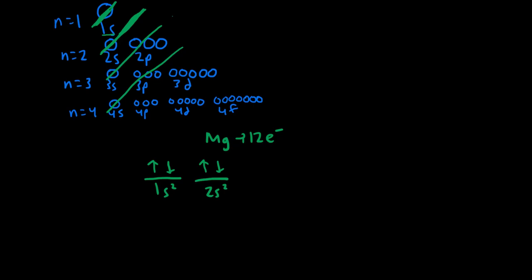And then we look at this next diagonal, which says 2p6. So we're going to write 2p, and we're going to write 3 orbitals. And we have 4 electrons already, plus 6 is 10. So we can fill up these completely.